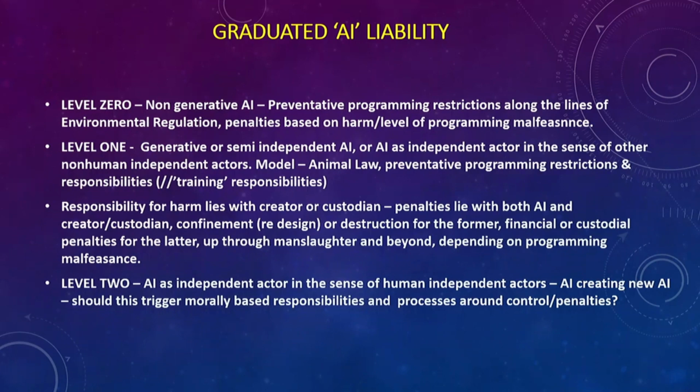Well, we could model that on animal law, and what's interesting is we also now have precedent where parents have been charged with manslaughter for the actions of their children, who were deemed able to be tried as adults. Minor children, but old enough to be tried as adults.